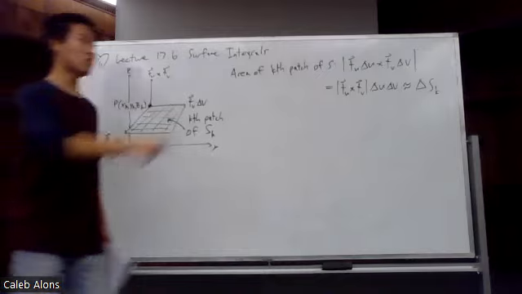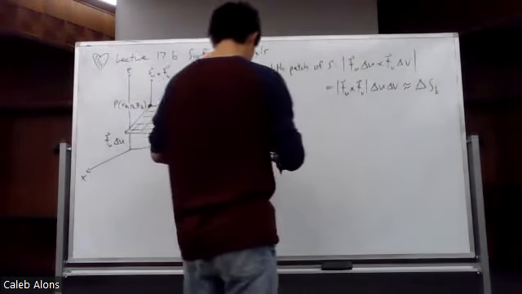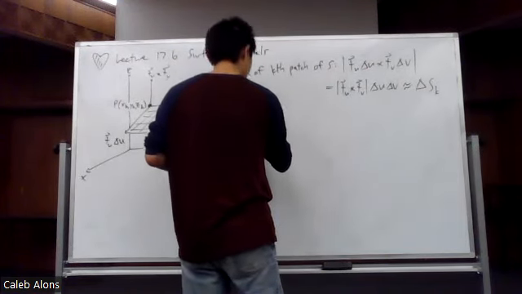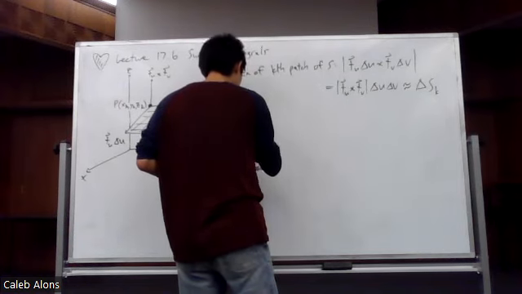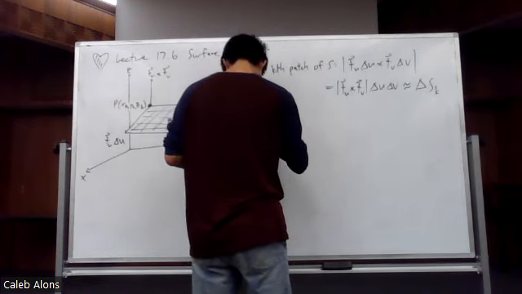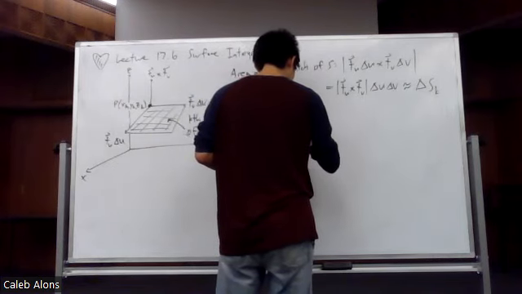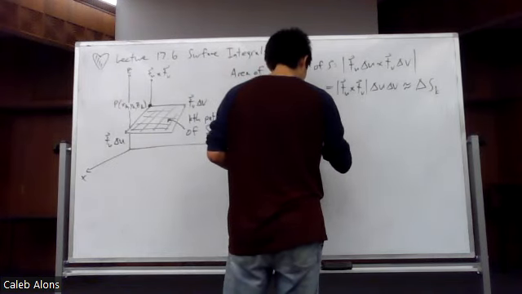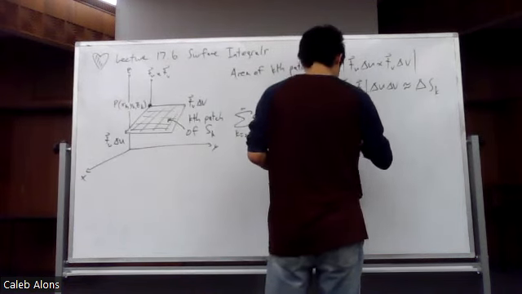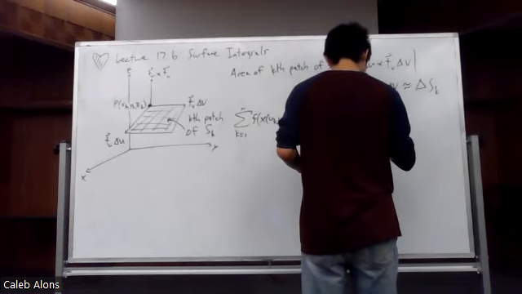And then we're going to quilt a whole bunch of these together using a sum. So that sum is going to be a sum from k equal to 1 to n of the function evaluated at x of uk, vk, y of uk, vk, z of uk, vk, and then times the delta s.